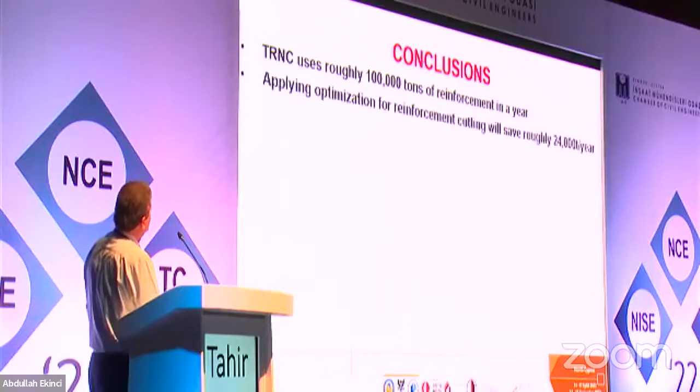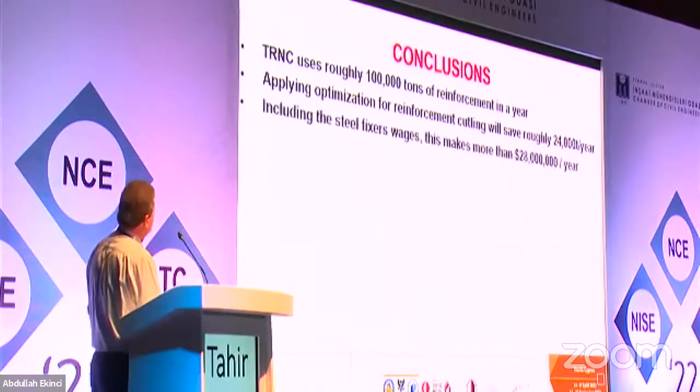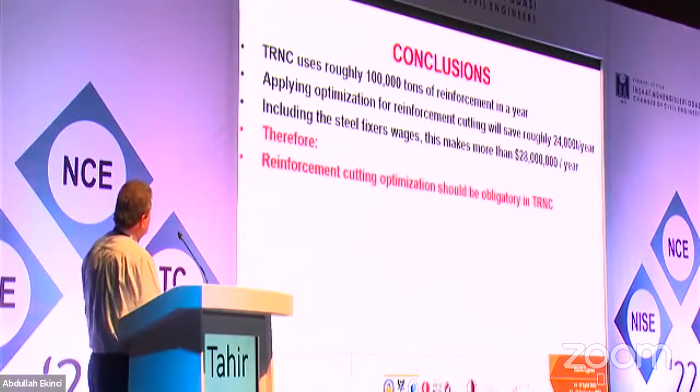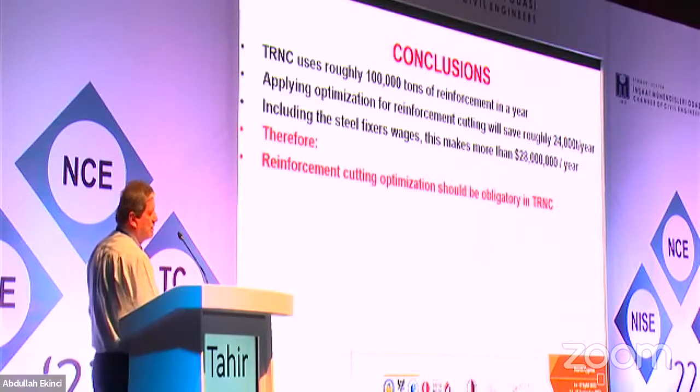So, applying optimization for reinforcement, we say somewhat 24,000 tons of reinforcement. Including the steel fixer yield, this made around $28 million per year. Therefore, my recommendation is that reinforcement cutting optimization should be obligatory in the project.